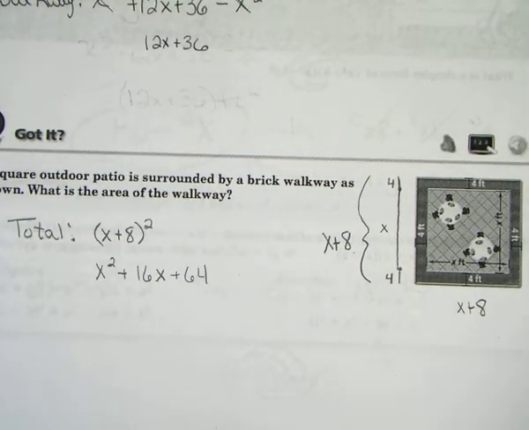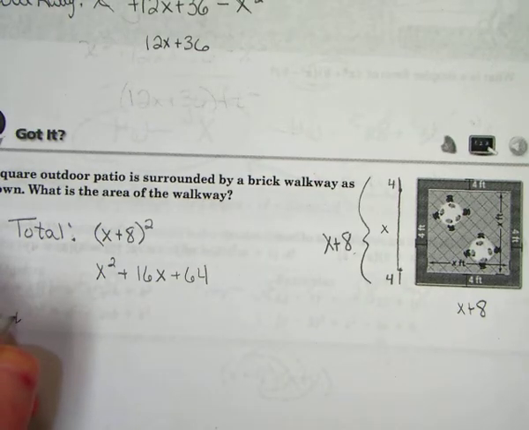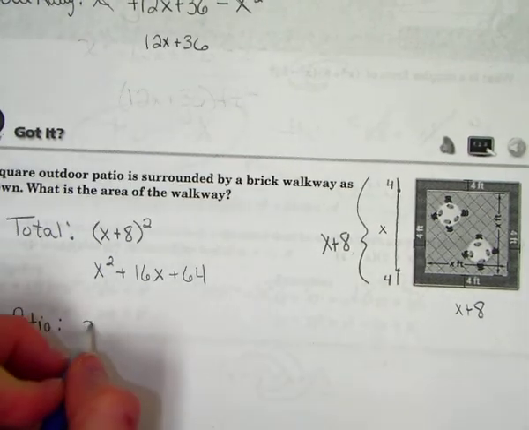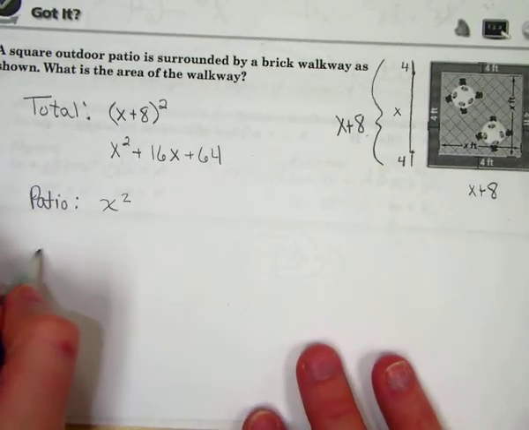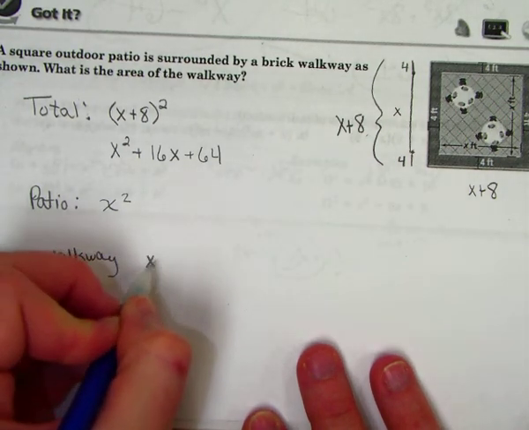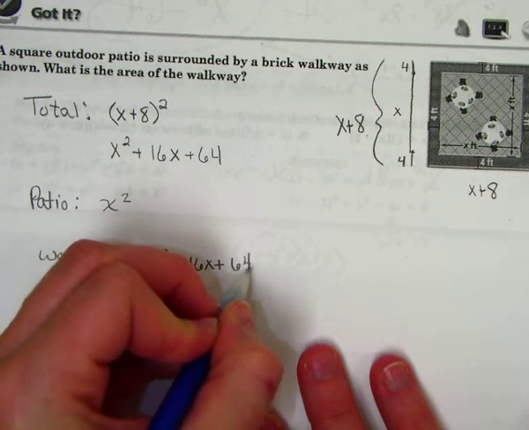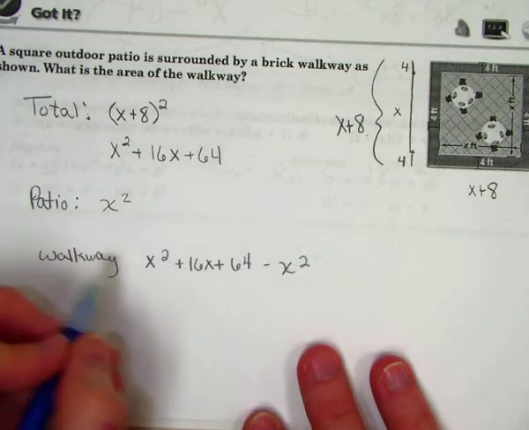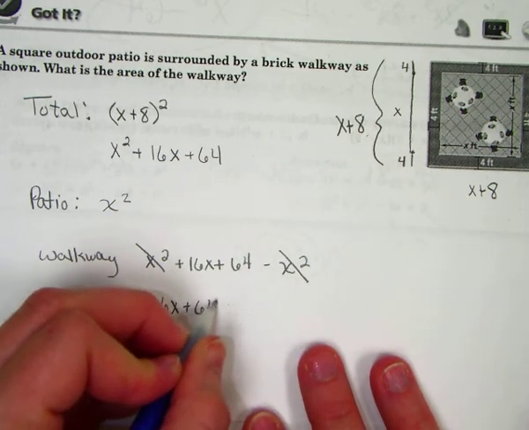That represents the total. Now let's go ahead and find the patio. The patio is x times x, so just x squared. Do our subtraction for the walkway. That's going to be x squared plus 16x plus 64 minus the x squared. The x squareds cancel out, and you're left with 16x plus 64.